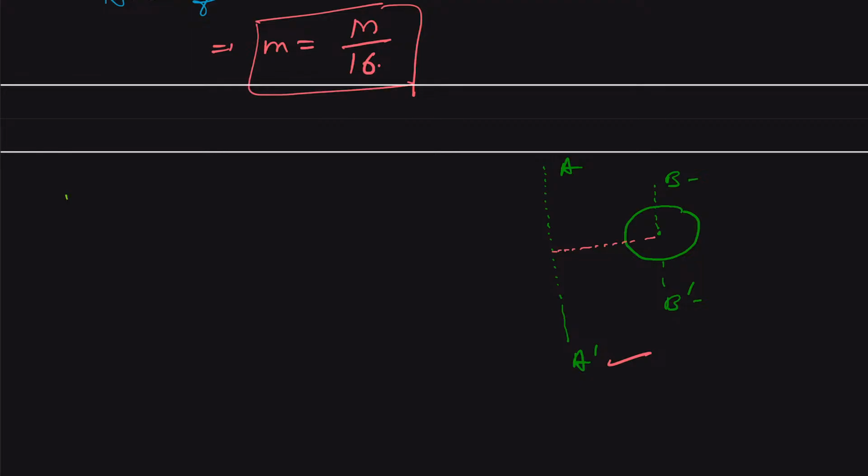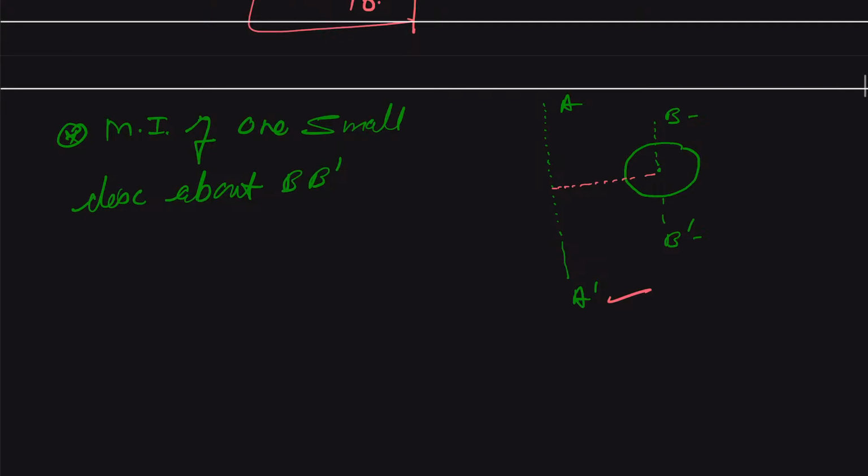So the moment of inertia of one small disk about b prime, which is its own axis, let us call I1, is equal to, the formula being the same, half m r square.